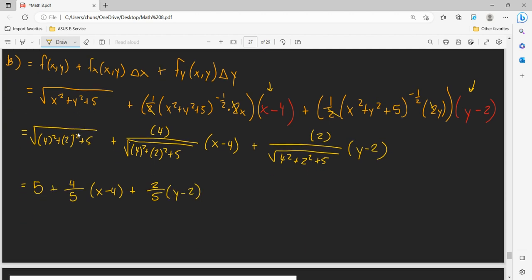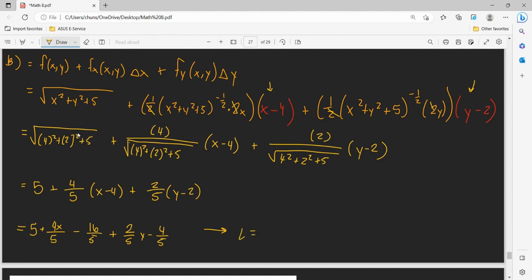And when we distribute this, this becomes 5, and it's 4x over 5 minus 16 over 5 plus 2 over 5 y minus 4 over 5. Let's simplify this even more.